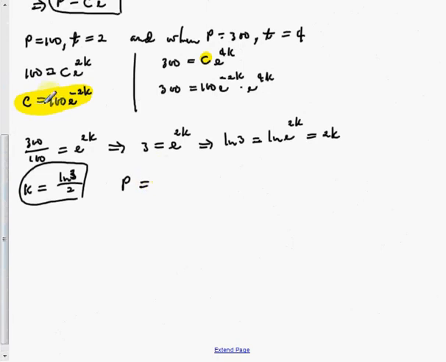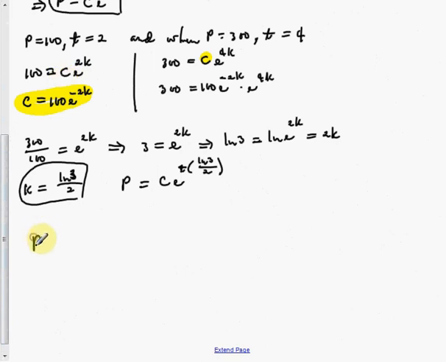Right, so we have P is equal to that C times e to the kt. This is going to be t times the natural log of 3 all over 2. But C is equal to 100 times e to the negative 2k. So we're going to plug that in.